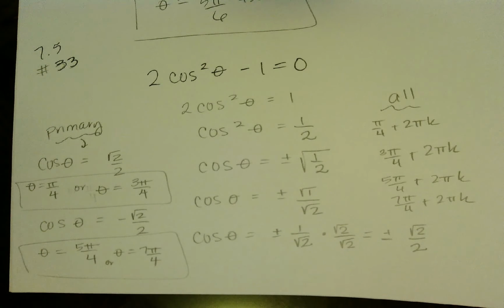What else you guys got? What are one of the ones from the review? The review, let me check. I'm looking at review material. Why were there so many find exact value problems on the review? For number 1?